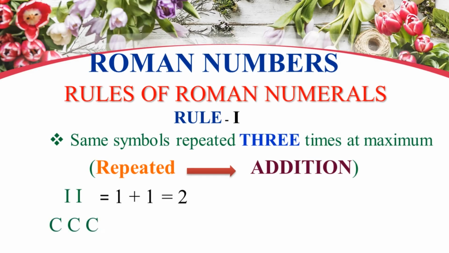Next, CCC. C is repeated 3 times. The value of C is 100. So 100 is added 3 times. Therefore 100 plus 100 plus 100 equals 300.